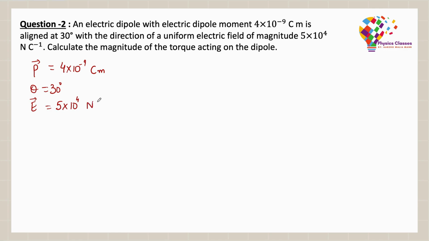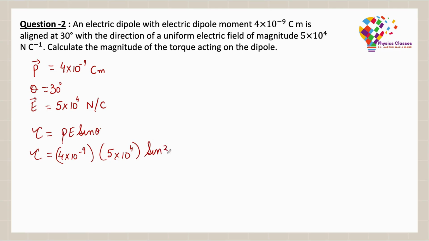So we know that torque is simply going to be PE sine theta. So let's substitute. P is 4 into 10 to the power negative 9, and electric field is 5 into 10 to the power 4. Sine theta is sine 30, and sine 30 we know is half. So the answer becomes 4 into 10 to the power minus 9 into 5 into 10 to the power 4 and into a half, which I can cancel out here.